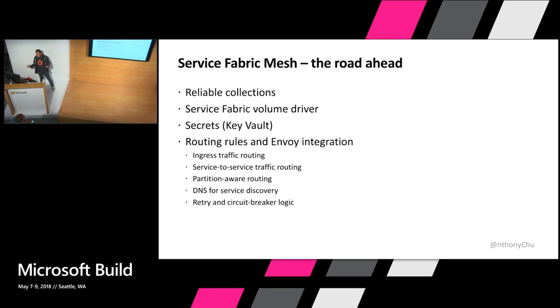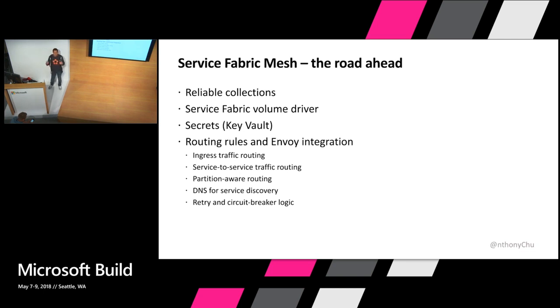And the coolest part, the part that actually makes Service Fabric Mesh a service mesh, is the Envoy integration that's going to come soon. There, we'll be able to specify routing rules that tell Service Fabric, for example, that we want a certain HTTP request, when it comes in with a certain host header, to route to a specific service, or maybe even a certain host header plus a path, and route it to another service.